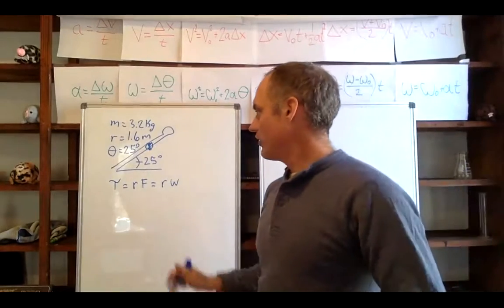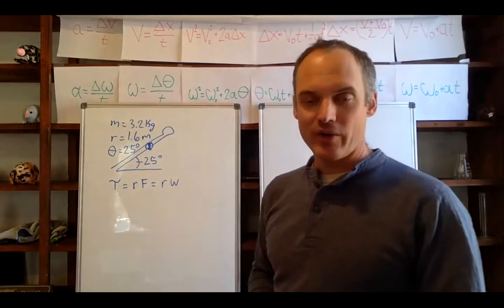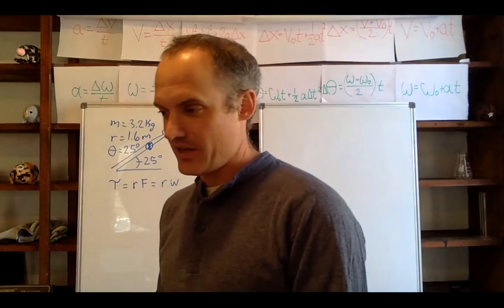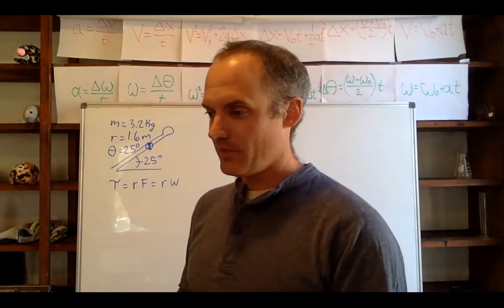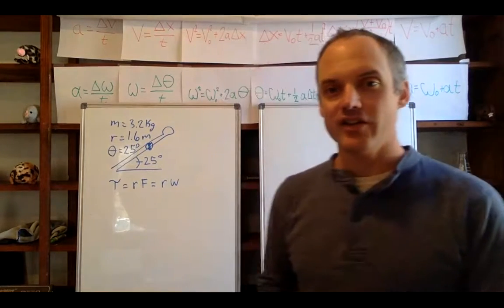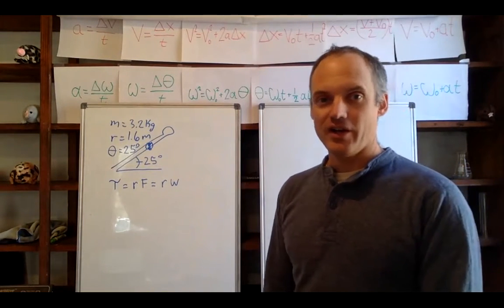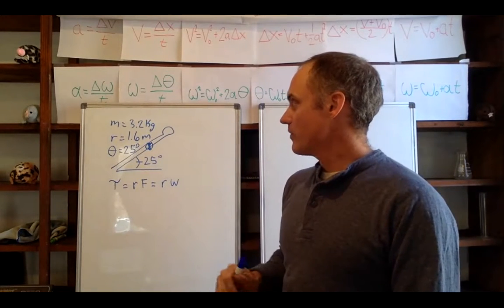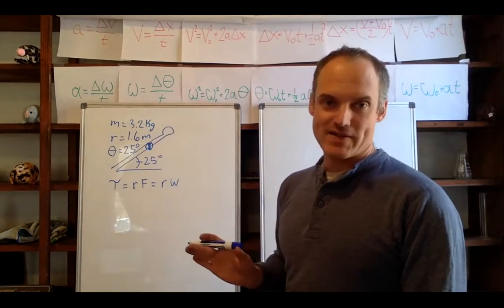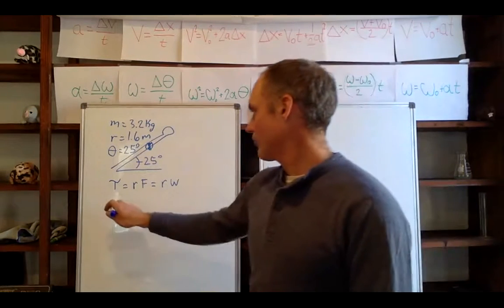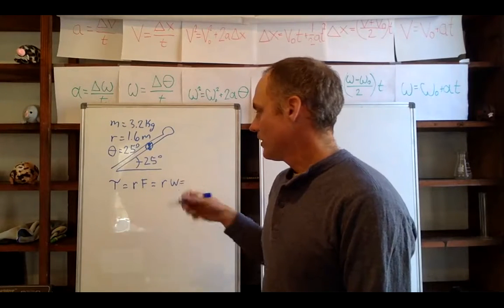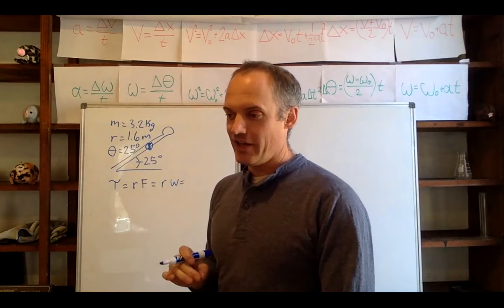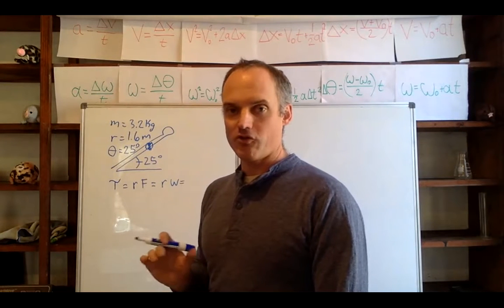Okay, so what we need to do is measure how far out it's actually being pulled and what the weight is actually going to be, times gravity, because the flagpole itself is 3.2 kilograms, but that's its mass, not its weight. Okay, so let's rewrite that. Now the radius is supposed to be a straight push.